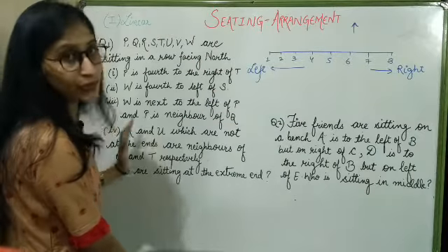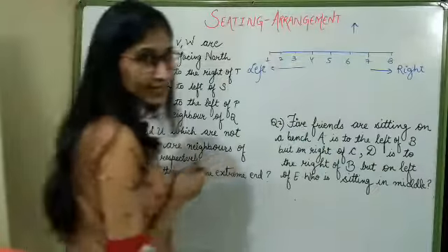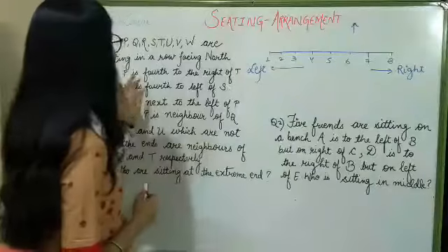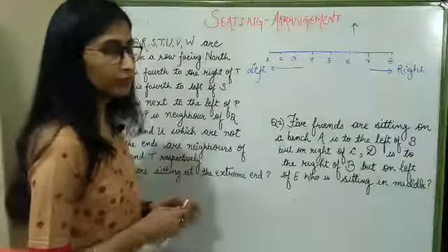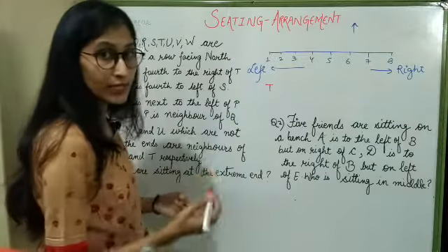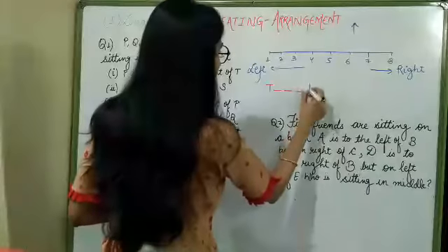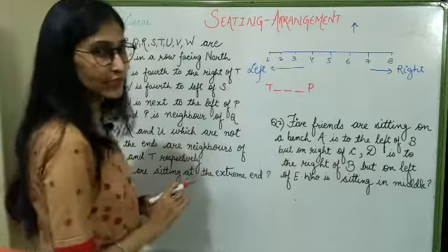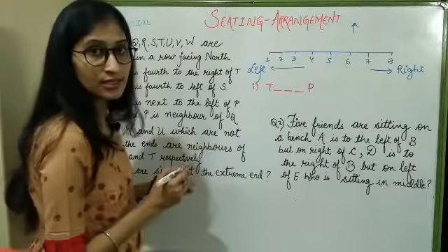Next, you are given 4 points and using these 4 we have to place these 8 people in this row. My first statement is: P is fourth to the right of T. So if I know the position of T, then P is first, second, third, fourth position to the right of T. From my first statement, I can conclude this.